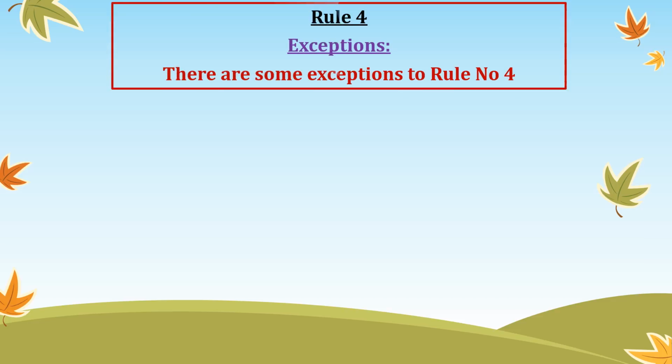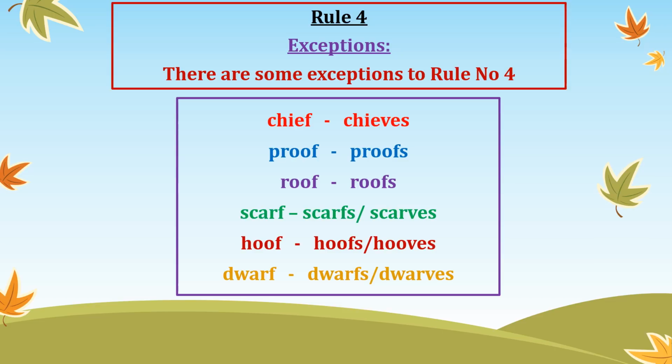Now this rule number 4 has certain exceptions. There are some words who don't listen to rule number 4. They are naughty ones. Let us see who these naughty ones are. The first one here is the word chief. It is ending with F. So we should cut F and use VES. But you know what? A chief word is very bad.